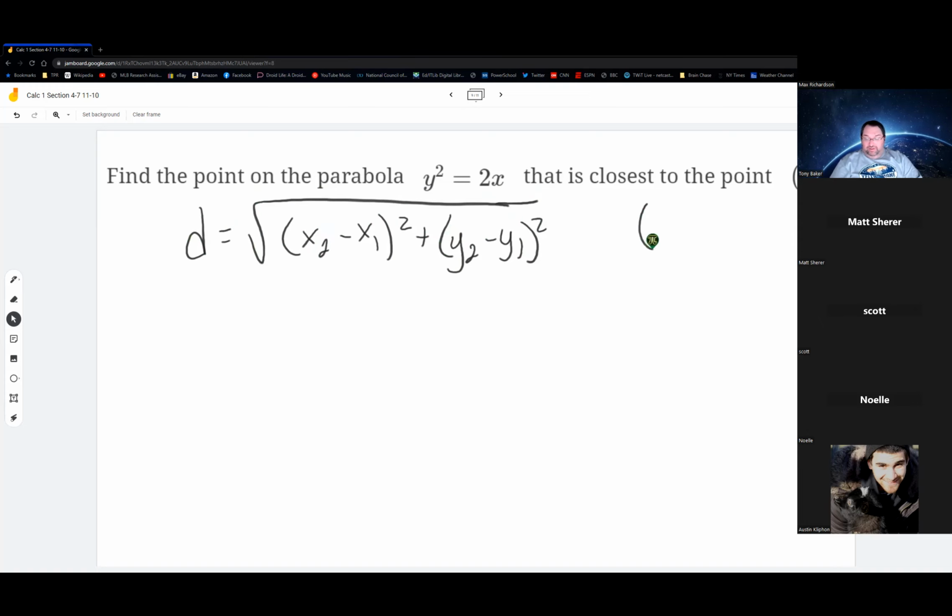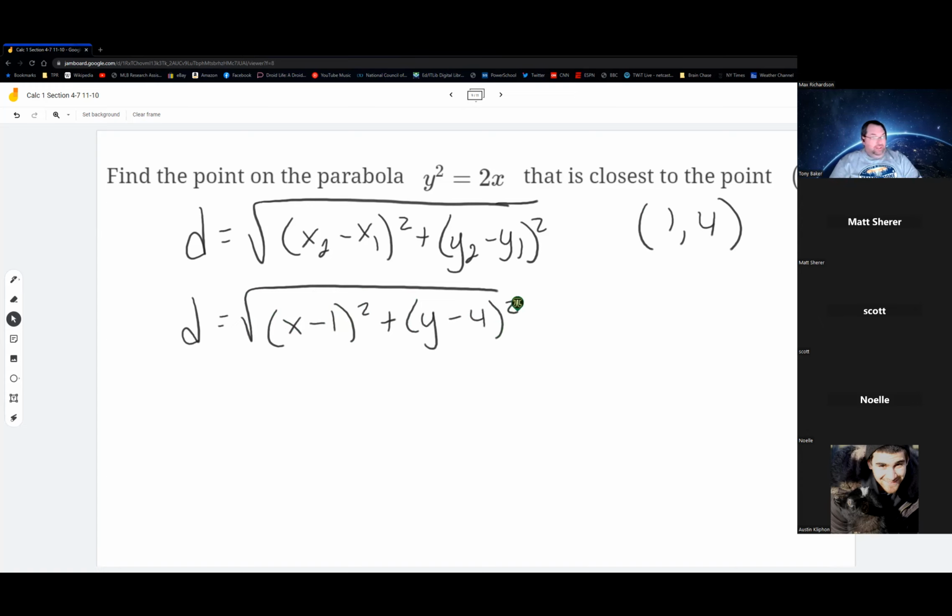So we've got a 0.14, and we don't really need to worry about the other x value in there. So I can change my distance formula into this to make it a little easier. So x minus 1 squared plus y minus 4 squared. All right, so I've got that.